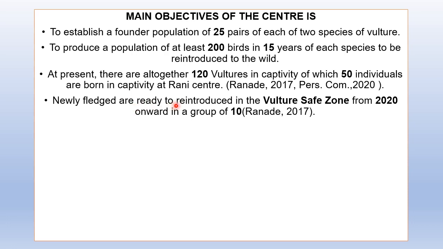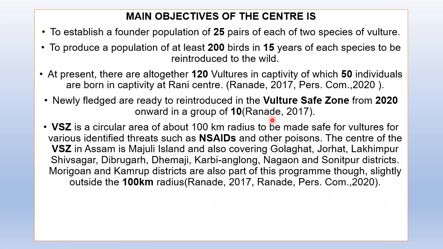Newly fledged birds are ready to be reintroduced to the vulture safe zone, called VSZ, from 2020 onwards in a group of 10. VSZ is a circular area of about 100 km radius to be made safe for vultures from various identified threats such as non-steroidal anti-inflammatory drugs and other poisons.